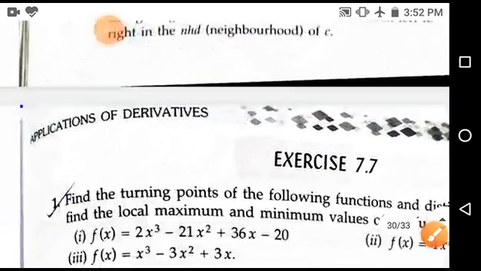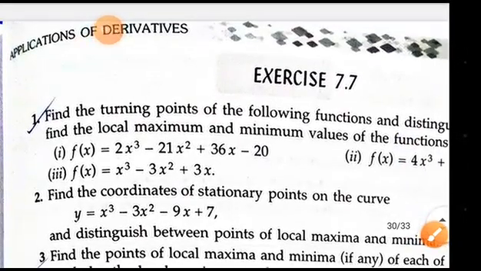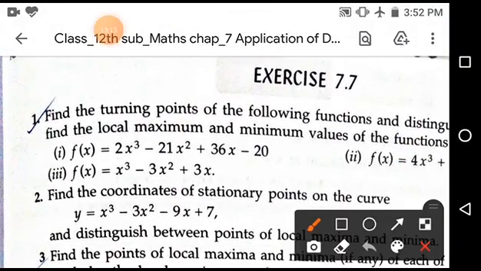Clear? Okay. So exercise 7.7 depends on the above examples. You have to solve exercise 7.7 completely, and it depends upon local maximum and minimum values. The process is the same. First of all, you take the differentiation of the function.